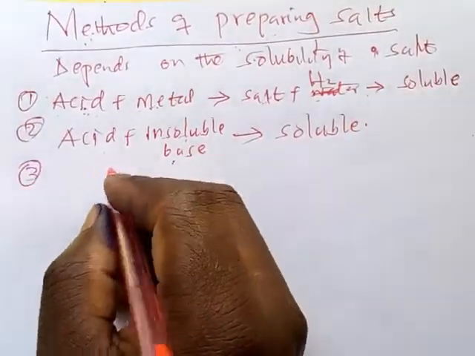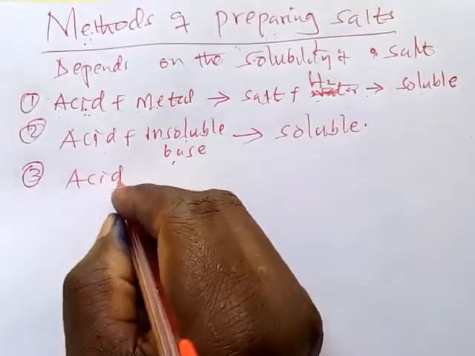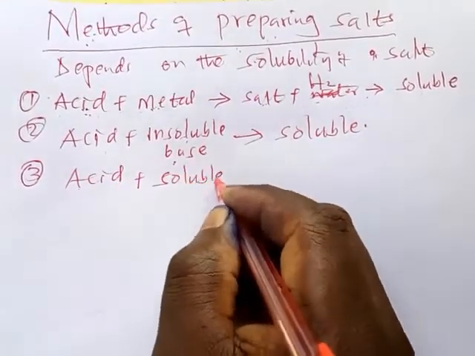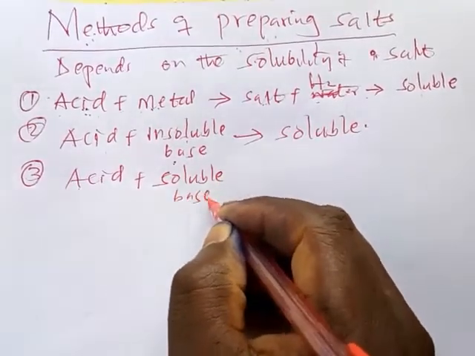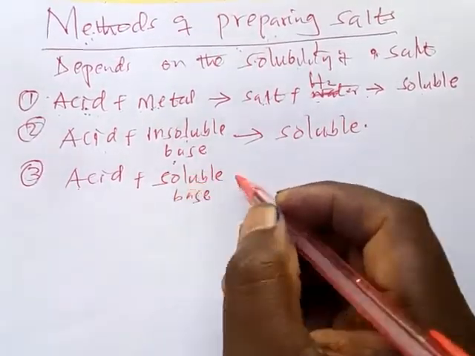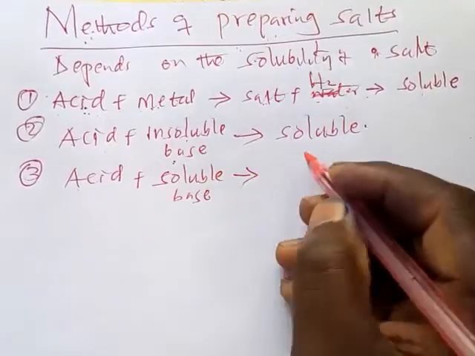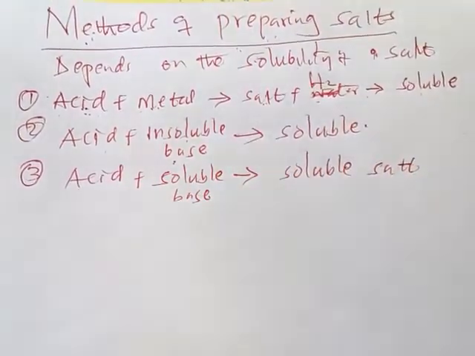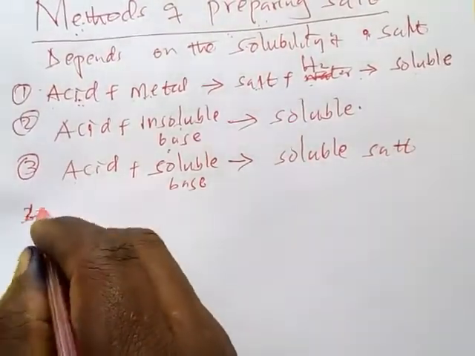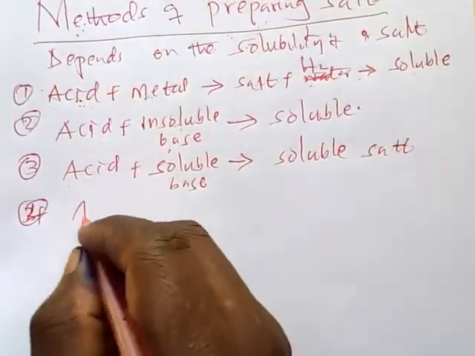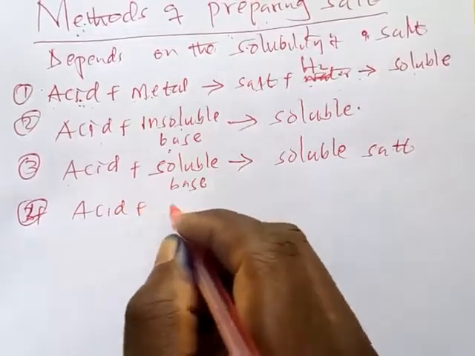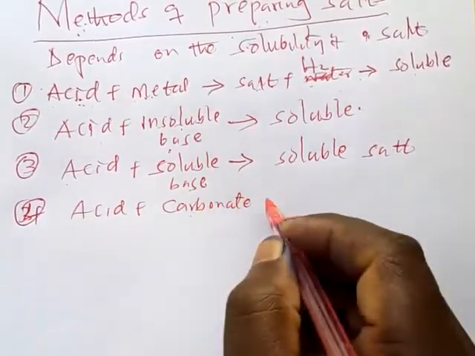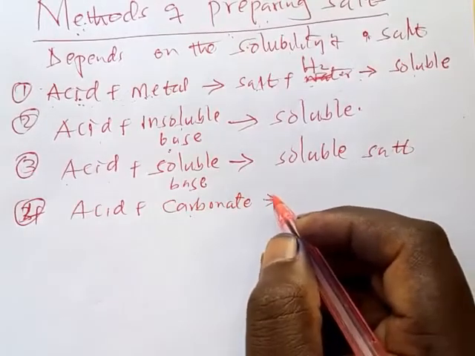Number 3, we are going to mention acid plus soluble bases. Soluble bases, mostly hydroxides, will give a soluble salt. Number 4 is acid plus carbonates. An acid plus a metal carbonate will give you salt, water, and carbon dioxide.